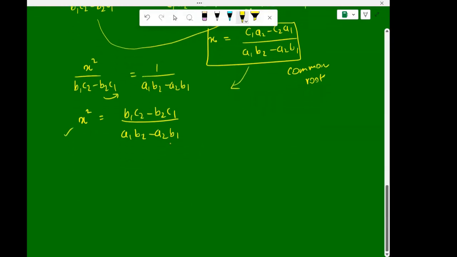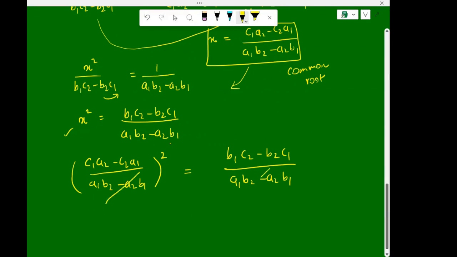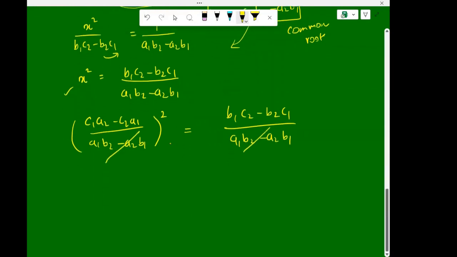Then the solution becomes c1a2 minus c2a1 divided by a1b2 minus a2b1 whole square is equal to b1c2 minus b2c1 divided by a1b2 minus a2b1. Look at the denominators. You can cancel one of them, and one remains on the left side denominator.